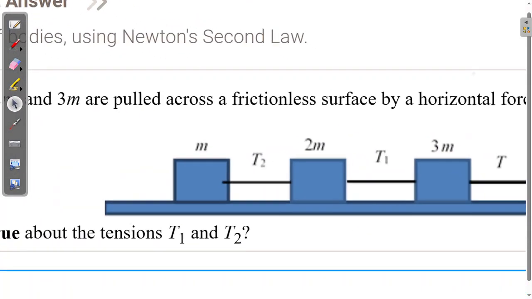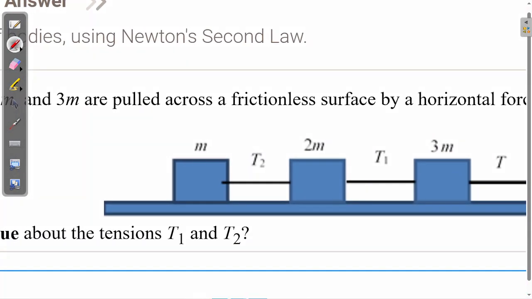So first of all, start the free body diagrams. So here, there's only T2, the weights, and the normal, which you're not going to use in this example anyway. Here you have T1 and T2, and the weight and the normal.